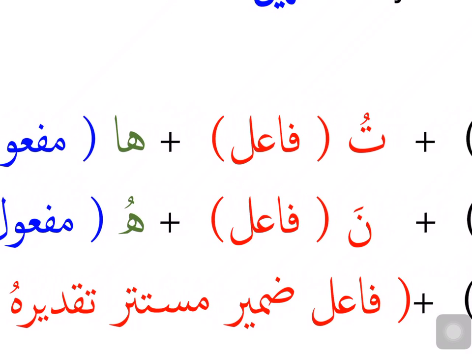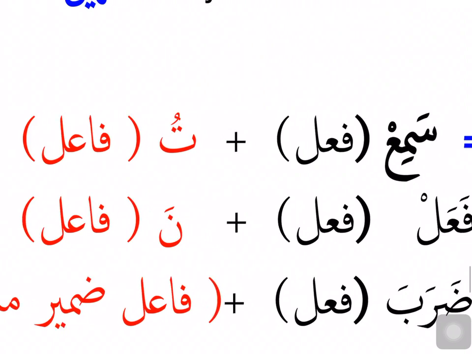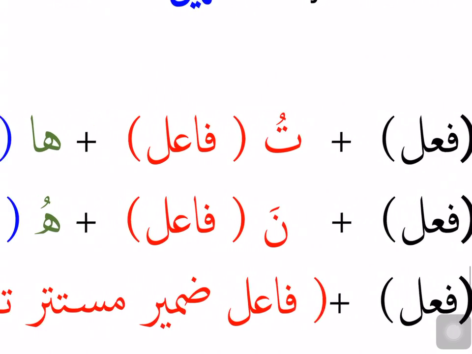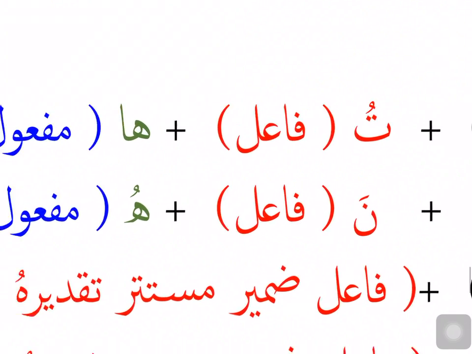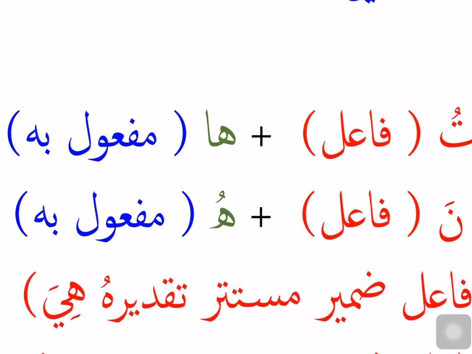I heard a girl, so I'm saying I heard her. How will I say that? Sami' is the verb, tu is the fa'il, ana, and ha is the maf'ul bihi. We are talking about maf'ul bihi when it is a pronoun. What you're learning is when your maf'ul bihi is a pronoun, you will find it attached to the verb.